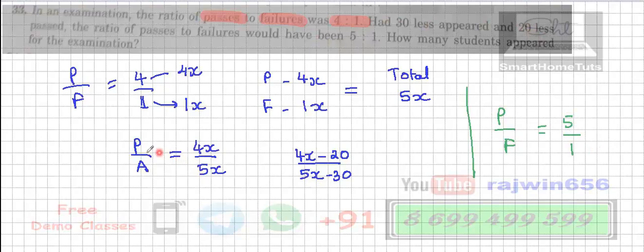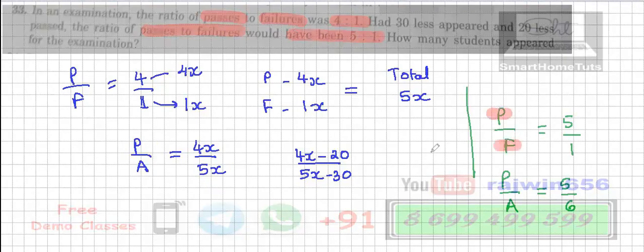Okay, what I want is pass upon appeared. So pass upon appeared, this is going to become what? See, pass upon failure, now this new ratio has become 5:1. This is given. Correct. Passes to failures would have been 5:1.